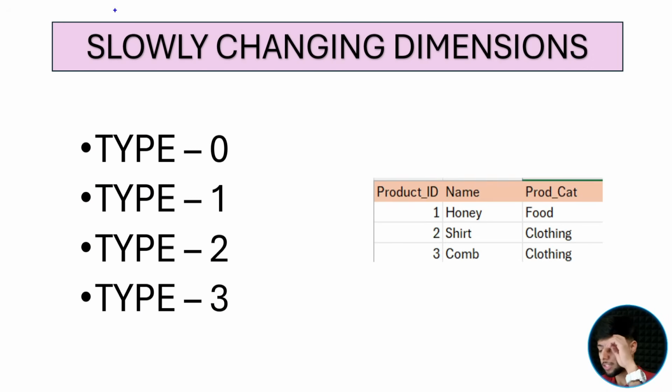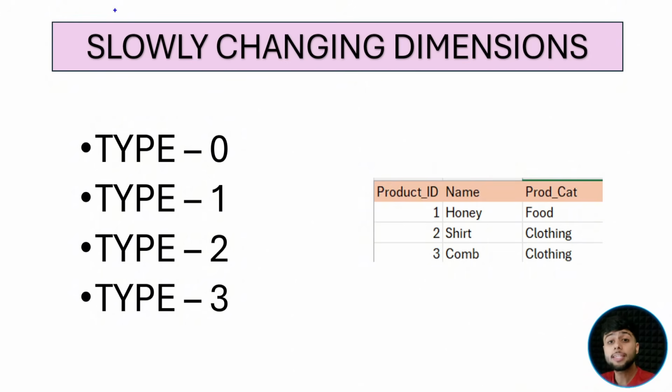Why do we need slowly changing dimensions? The thing is, we are just creating tables for dimensions, so we can expect that those values can be changed. Let's say you inserted some data today and it was fine, the categories, the products, everything was fine till this month. But after this month, we launched a new product.